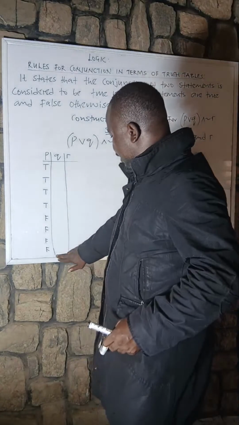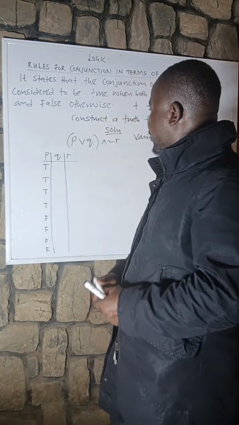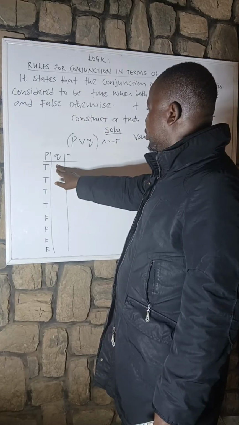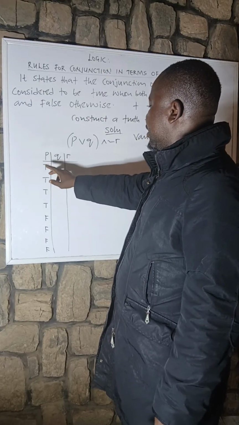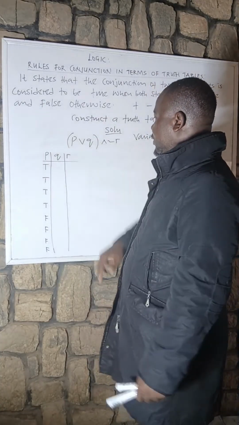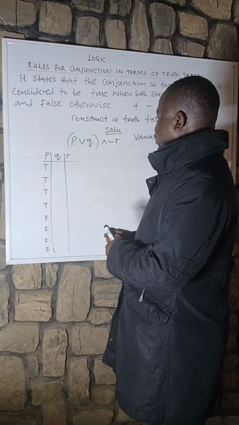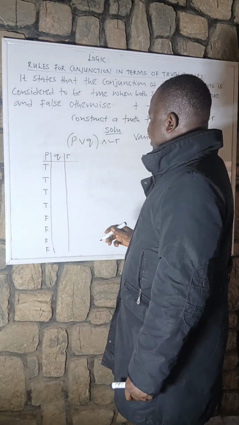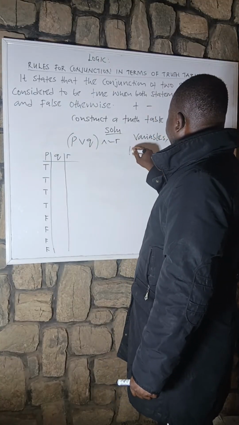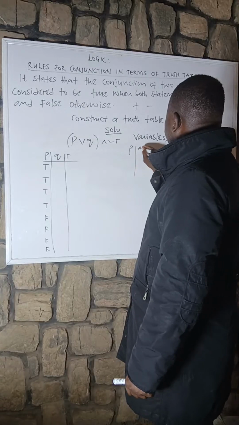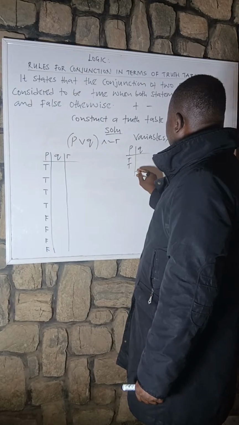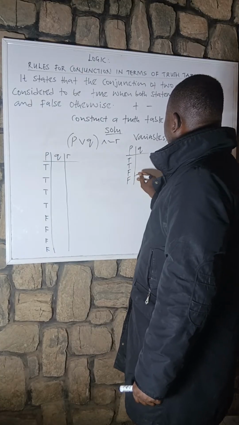So let's proceed further to consider this. You know very well that here P, supposing it is 2 variables, here P is TT, then FF.